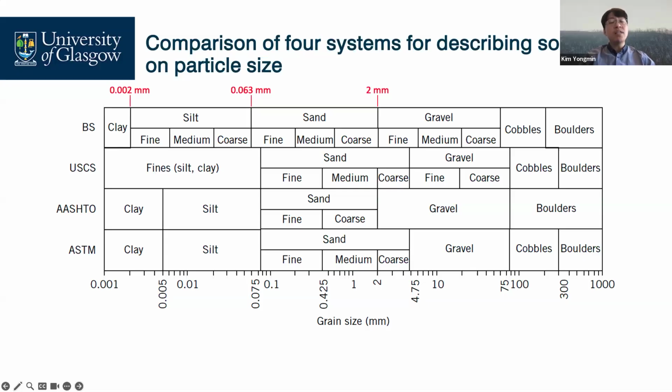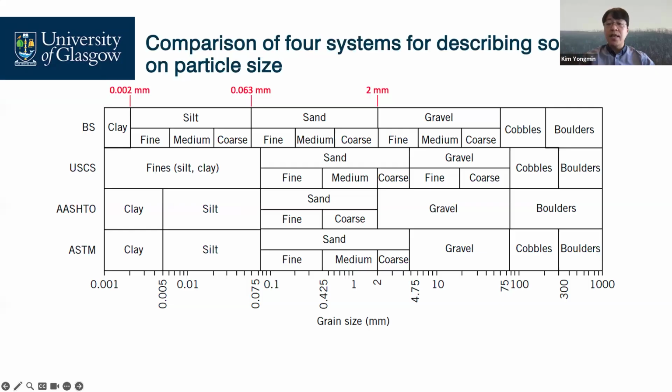But I think there's no perfect system for describing soils. Normally USCS and ASTM are widely used, and BS is commonly adopted in Europe's codes. So our local contractors prefer the BS system. In practice, BS is quite common in Singapore, and we also have a local standard.